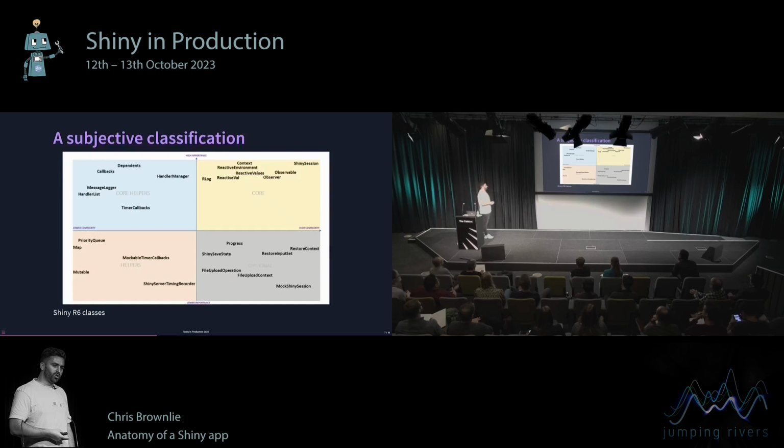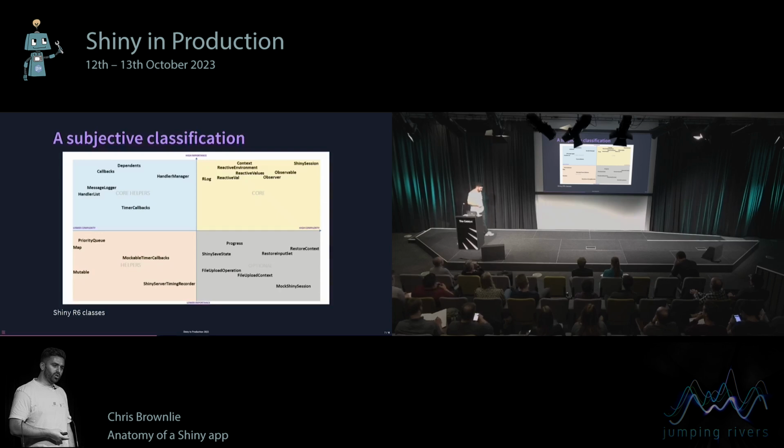So in the top right, we have these classes which are very important to a Shiny app and also quite complex. The objects with those classes do some sort of fancy coding stuff that is very important to how Shiny works. I've classed them as core classes.